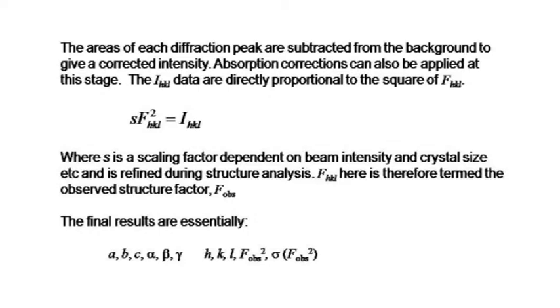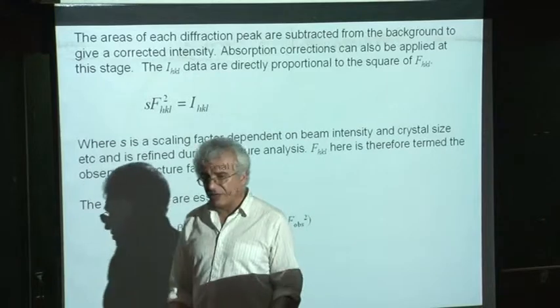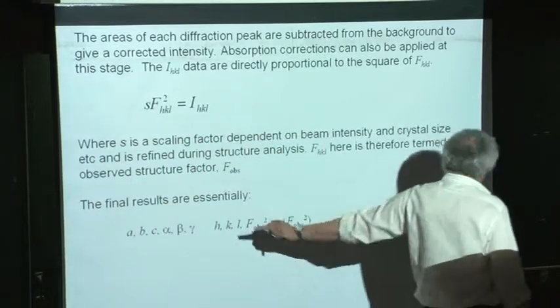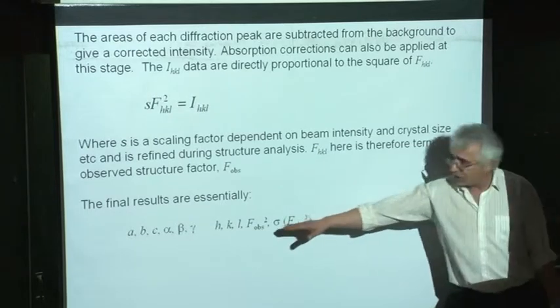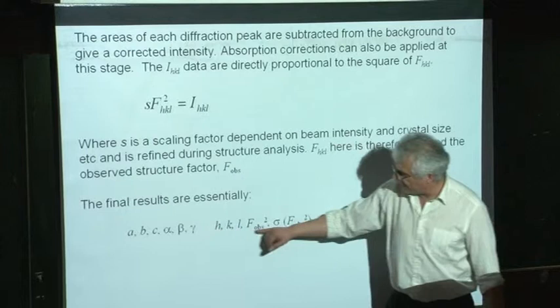And an error associated with that FOBS squared, so sigma. And that's what you get. When you come away from the diffractometer, you have a set of several thousand reflections and the data of this form. Okay, well, you have one set of these and then thousands of these.